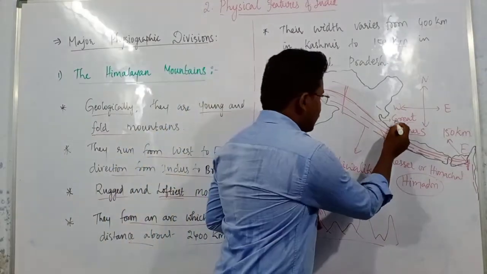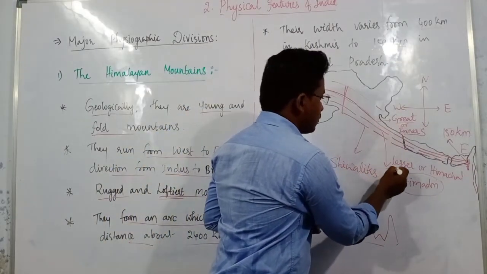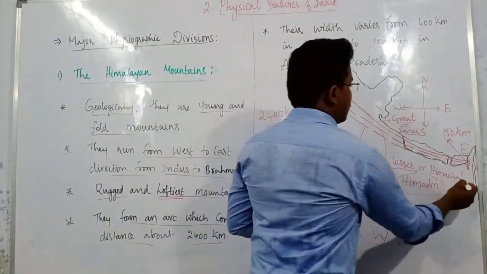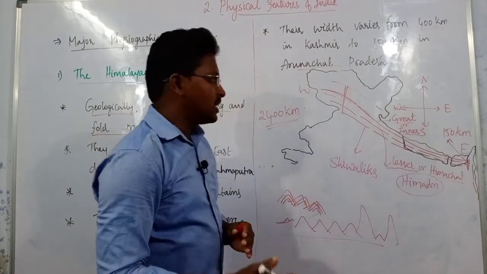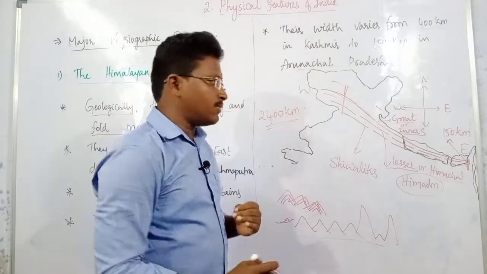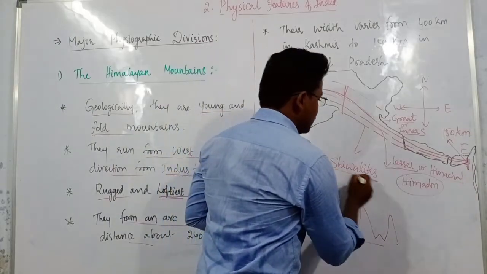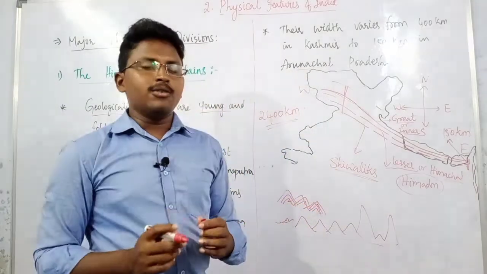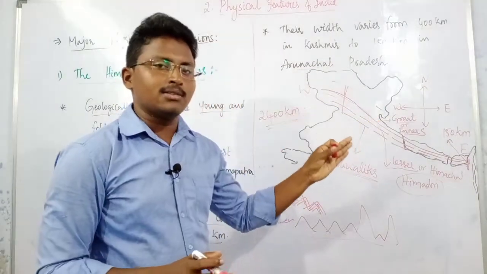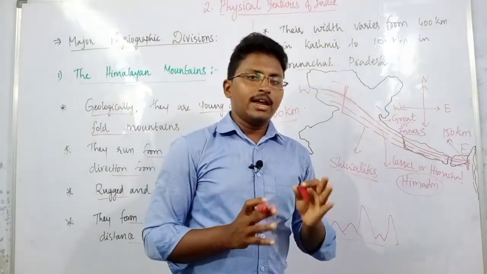Below this, the middle one we call the Lesser Himalayas, or sometimes the Himachal Himalayas. And below this, the southern part of the Himalayas, we call the Shivaliks. Now we will see in detail about the Great Himalayas, Lesser Himalayas, as well as Shivaliks.